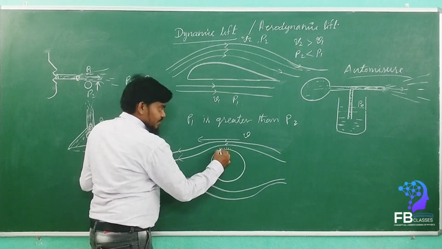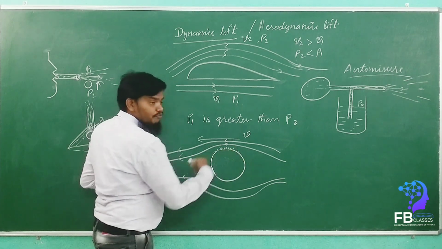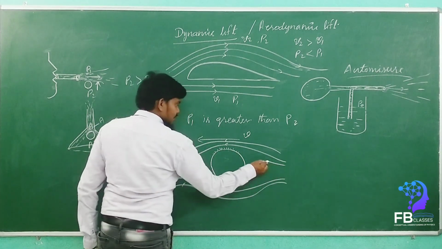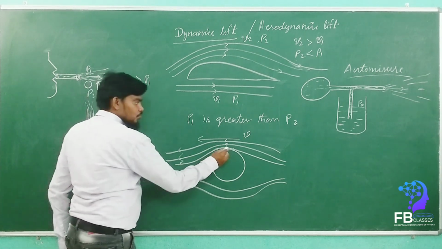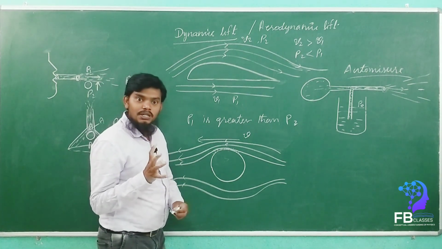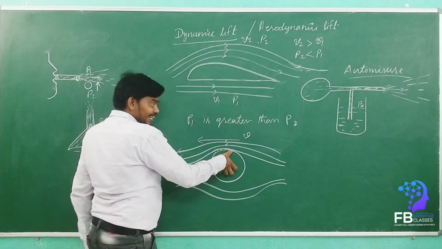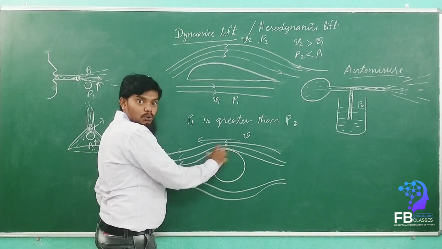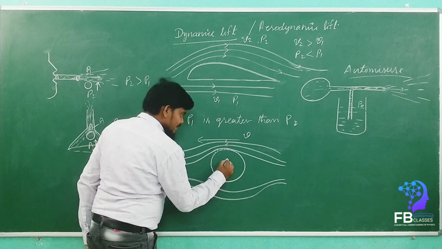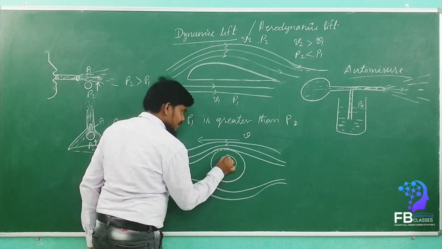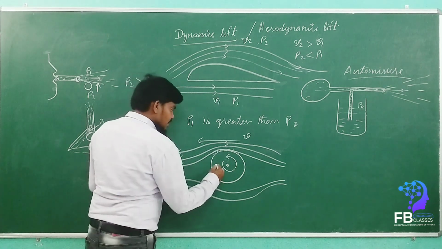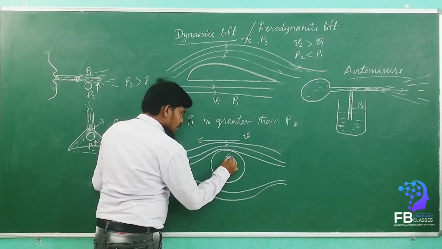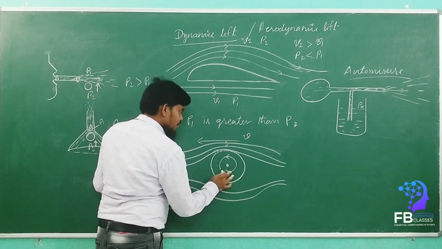Due to the friction of the air, see here, the air will touch the surface of the ball. Due to the friction, what will happen? It will move. Yes or no? It will rotate like this. See here, it will rotate like this. Are you getting my point? Yes or no? So this is the direction of rotation.